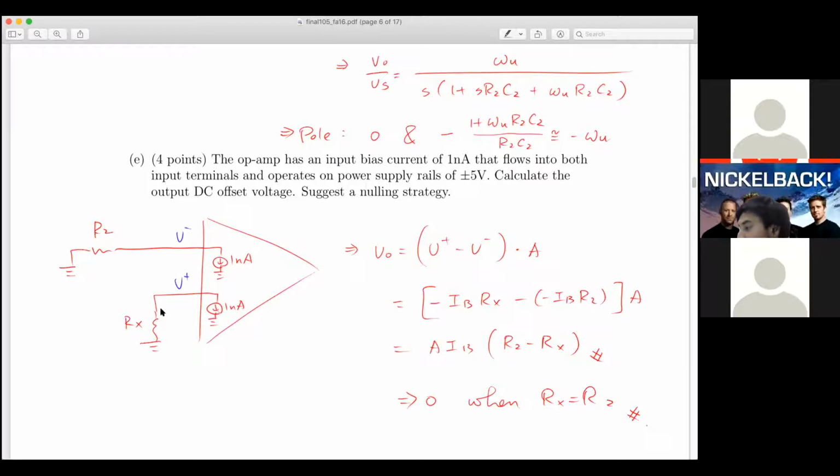V plus equals minus IB times Rx, and V minus equals minus IB times R2. So this corresponds to a V out of A times IB times R2 minus Rx. In order to null out the DC offset voltage, we can choose R2 equal to Rx. In this way, the output offset becomes 0.